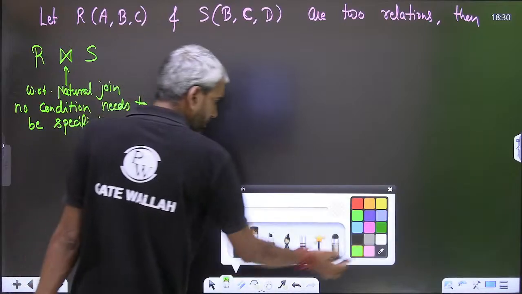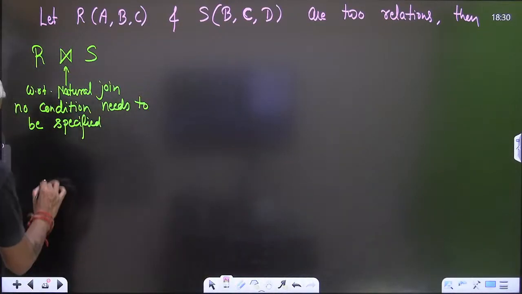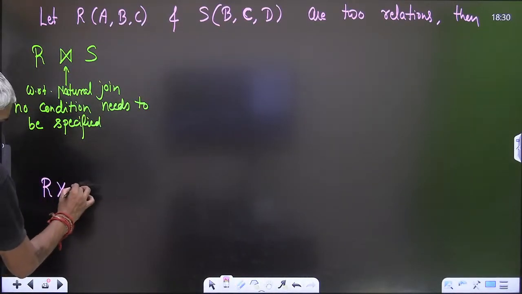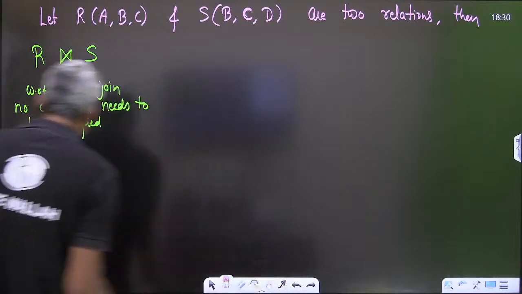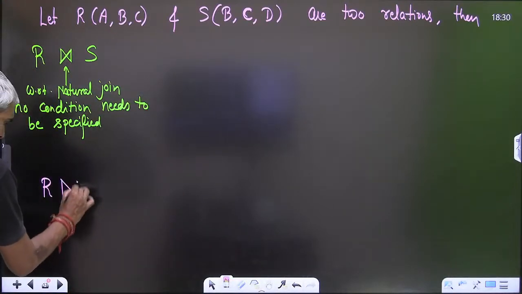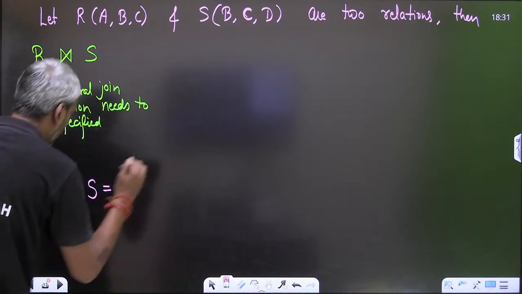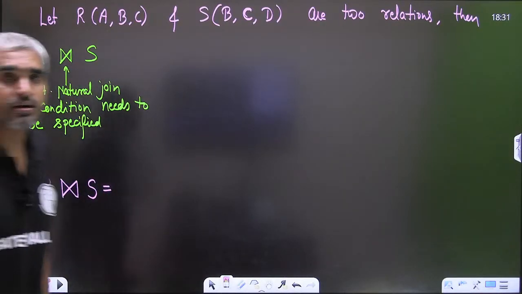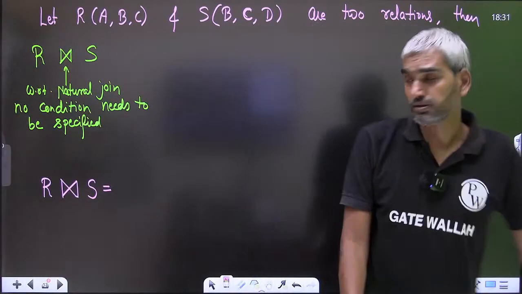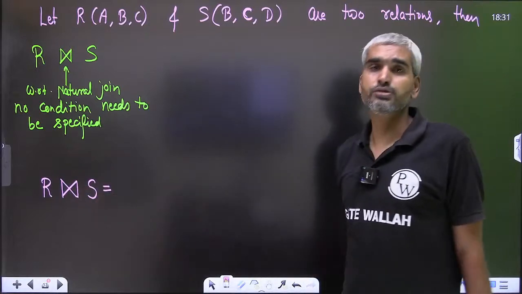I'll explain the same concept in two different manners. If you want to perform the natural join of R and S, then what will be the relational algebra expression using the basic relational algebra operations to derive this natural join?